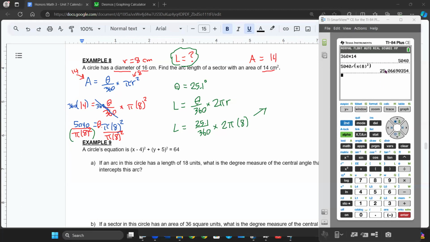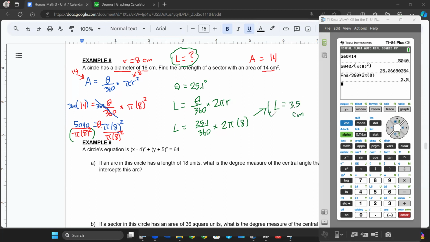So let's use that previous degree, hit divide by 360, then times 2, second exponent, and then just put that 8 there. You can type 8 if you want. It gives me a length of exactly 3.5. And again, if you rounded, you might be just a little bit off, but that length should be 3.5. Since we're dealing with centimeters, we'll write 3.5 centimeters.